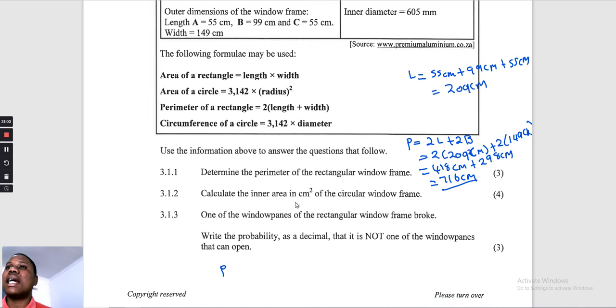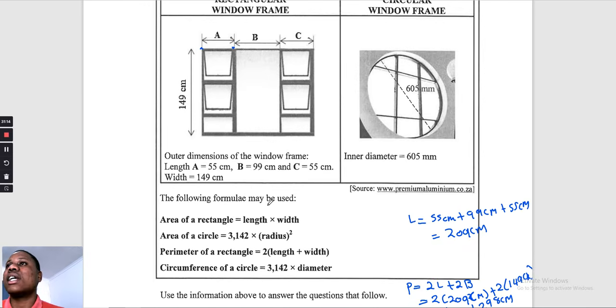Calculate the inner area in centimeters squared of the circular window frame. Again, we have to ask ourselves, how do we calculate the area of a circle?